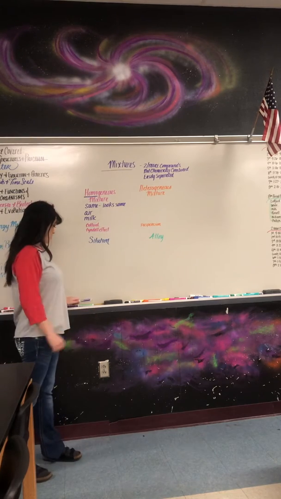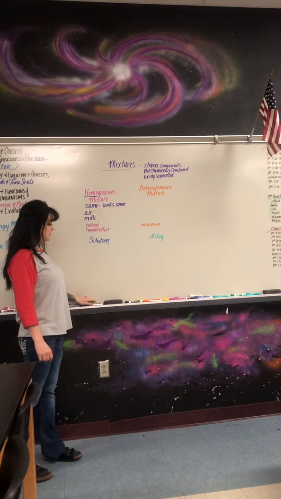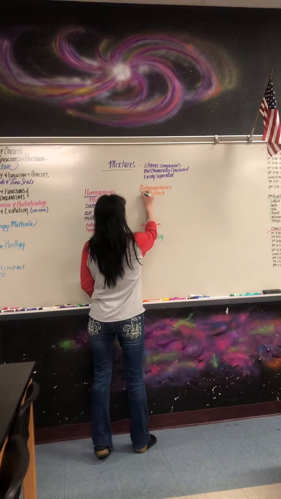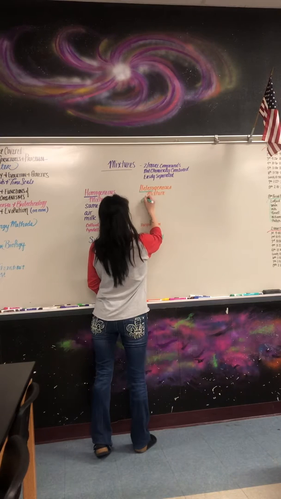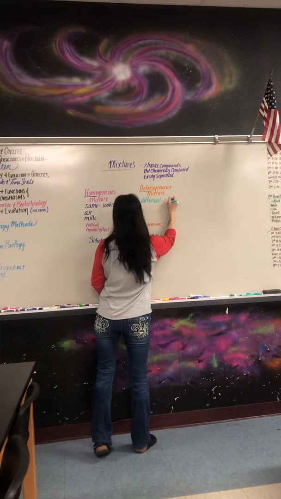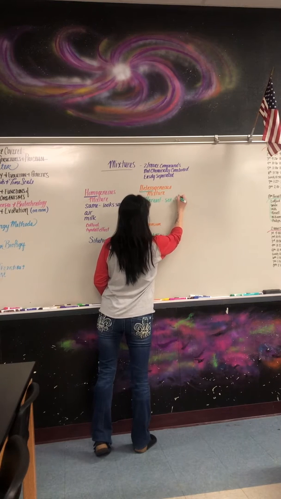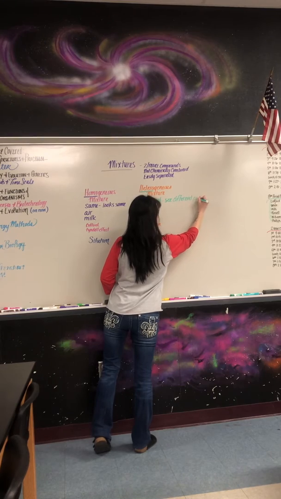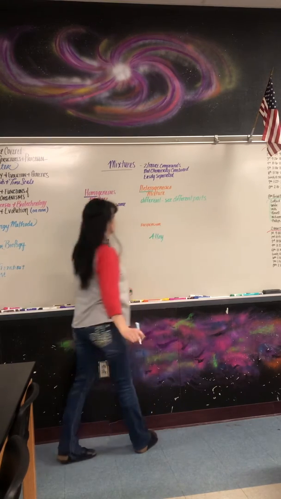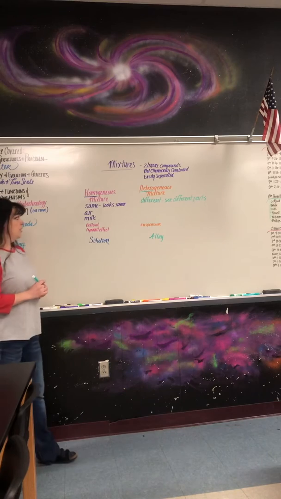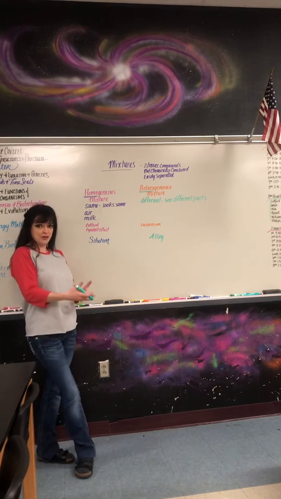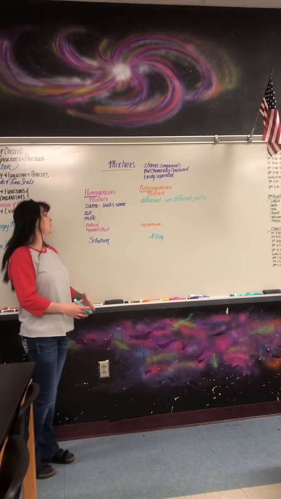Okay, the next thing is a heterogeneous mixture. So hetero, the Latin root hetero means different. So this just means that you can see the different parts of it. So you can see the chocolate chips, you can see the flour, you can see the butter if you're starting to make cookies, okay?